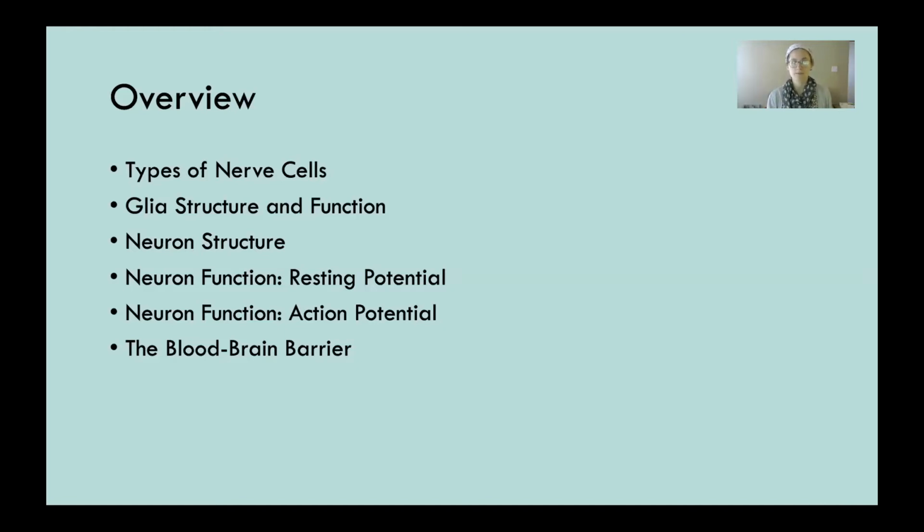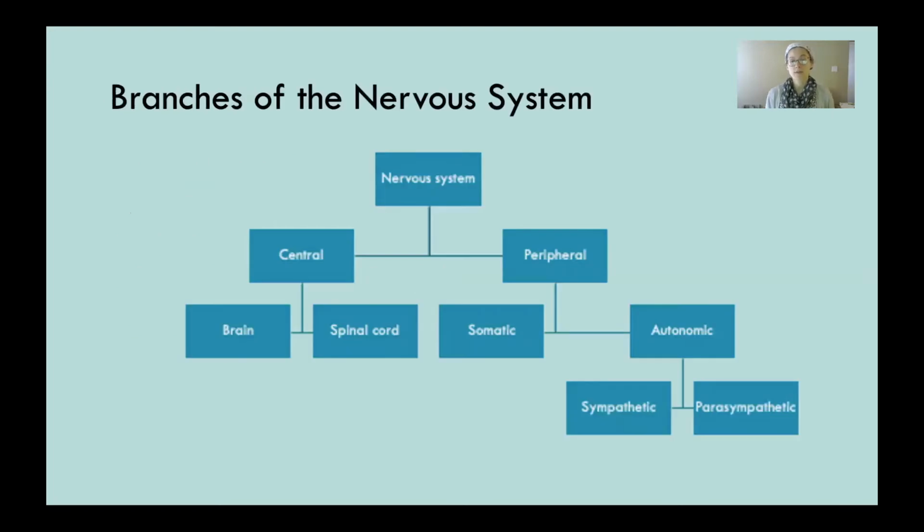Remember that the nervous system has many different branches. We start with the central and peripheral dichotomy. The central nervous system is split up into the brain and the spinal cord. The peripheral nervous system is split up into somatic and autonomic nervous systems. The somatic helps us more with conscious movements and sensations that we're aware of.